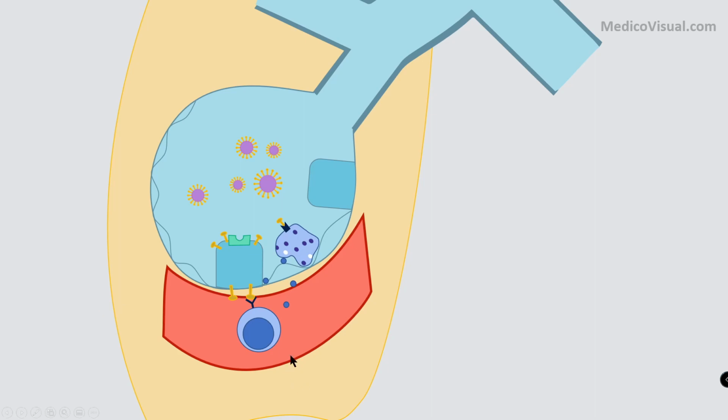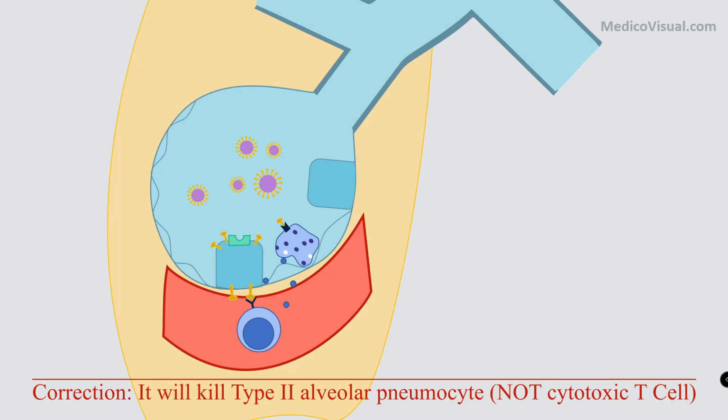So this cytotoxic T cell will consider this type 2 pneumocyte a foreign cell, an enemy, and it will do something horrible. It will kill its own cell, right?